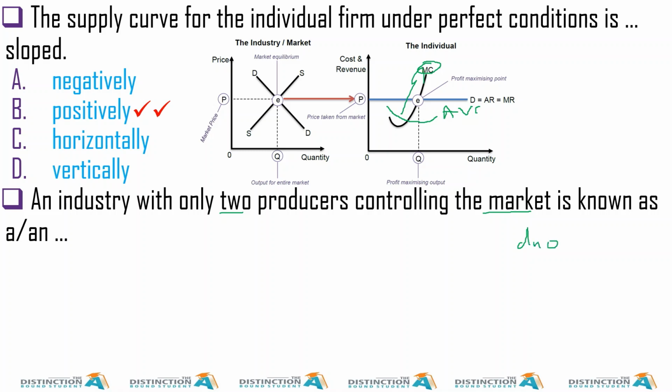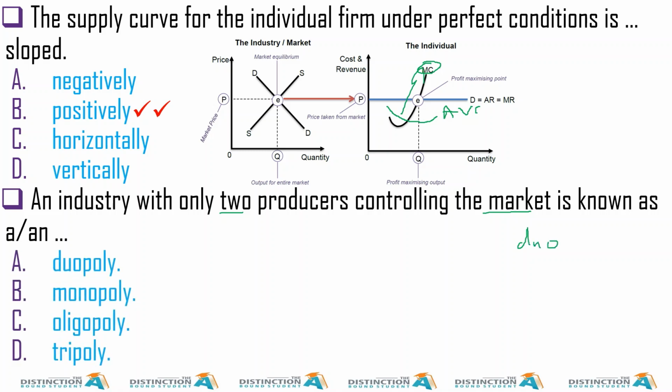An industry with only two, okay, so the key word is two producers controlling the market is known as, the word two means, yes, and then poly is coming from Greek, they say it means seller, so two sellers. So duopoly would mean two sellers. Mono means one. Is it we say mono, duo, trio, quadro?